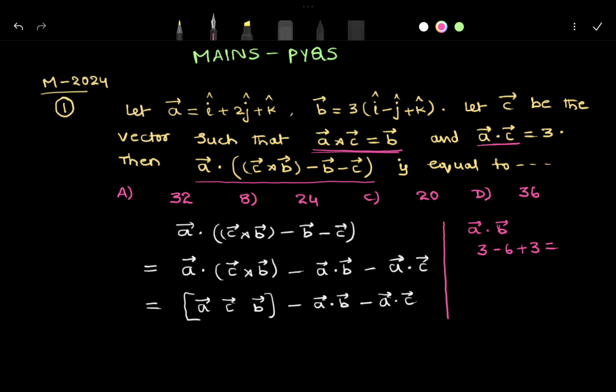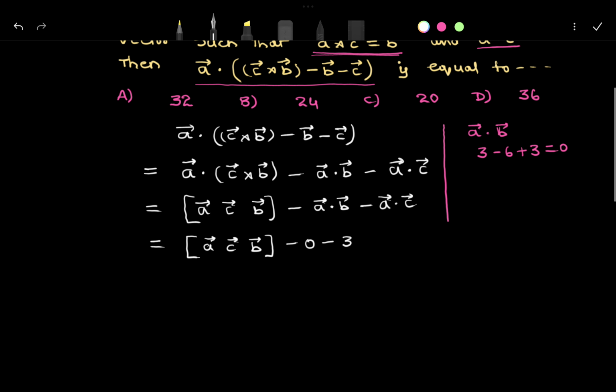So totally this value will be equal to 0. So this is the box product of a, c, b minus 0 minus a dot c, which is equal to 3.